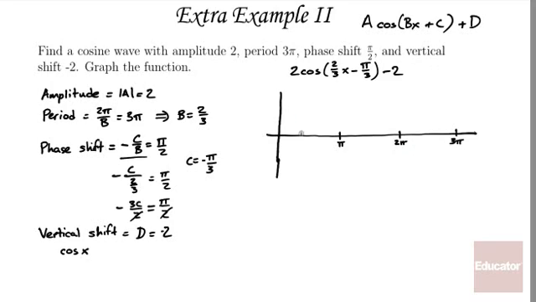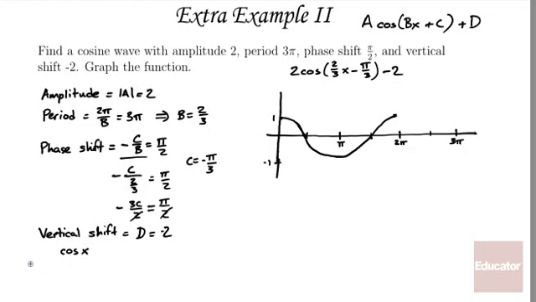Cosine x, I know it starts at 1. So there's 1, there's negative 1. It starts at 1, it goes down to 0, bottoms out at negative 1, goes back up to 0, goes back up to 1. So now I've got cosine x. That I pretty much do from memory.